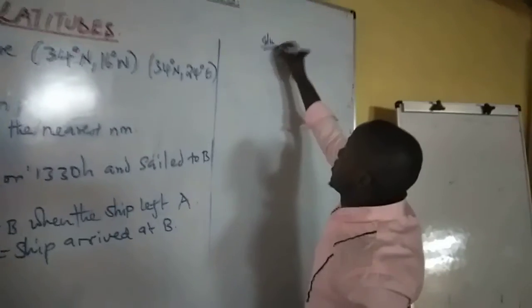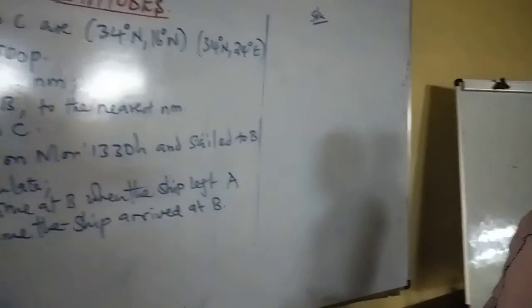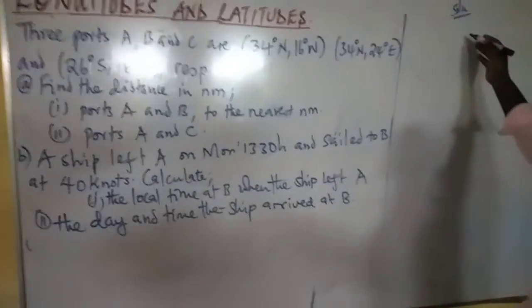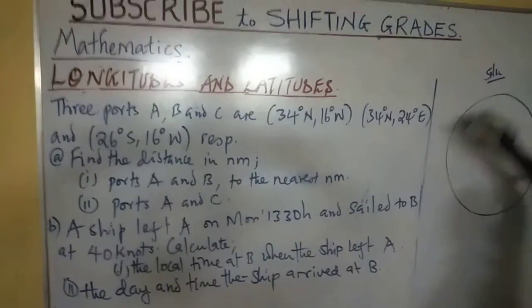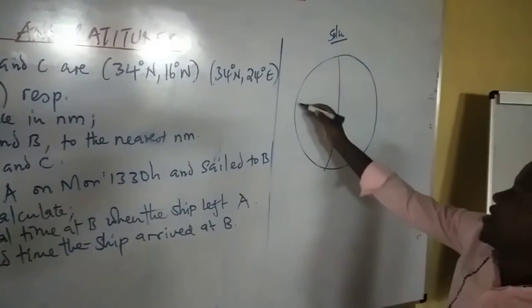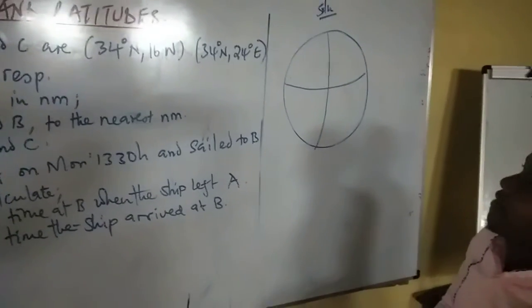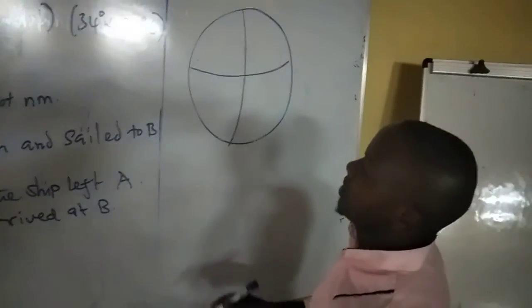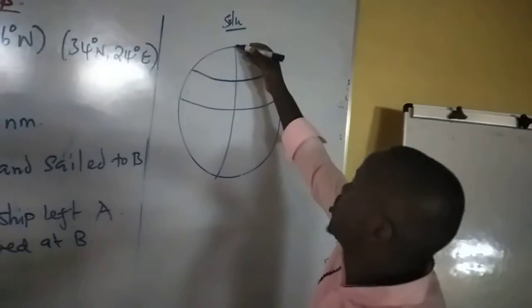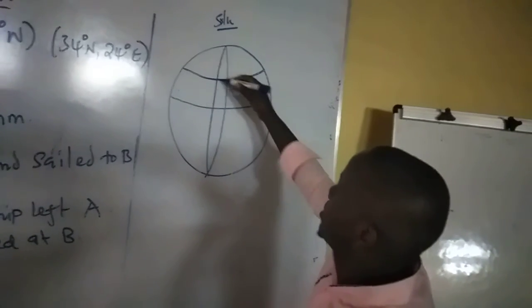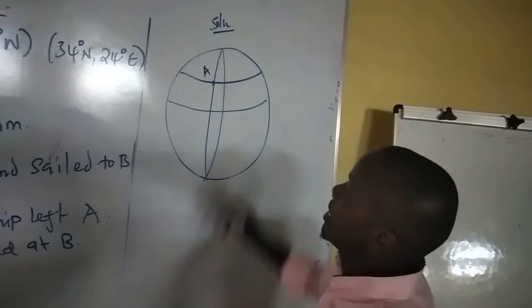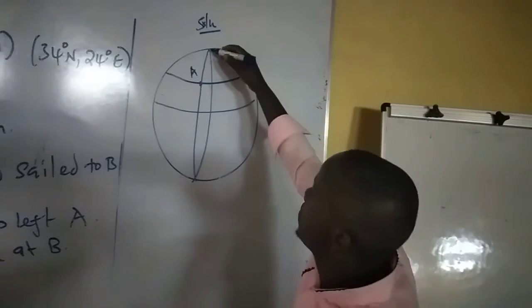Solution. As usual, I will start by sketching the position of these 3 ports on the Earth's surface. If this is the globe with the prime meridian and the equator, we are going to have 34 degrees in the north and 16 degrees in the west. Where they intersect, we get port A. Then port B is the same latitude, but 24 in the east.